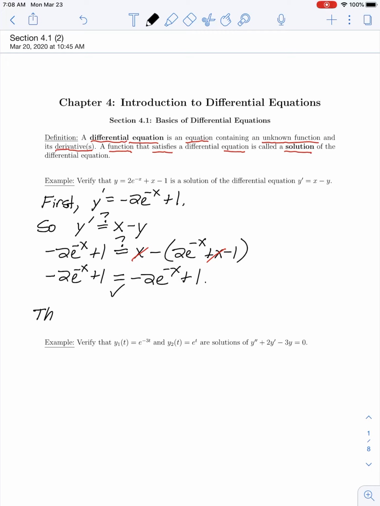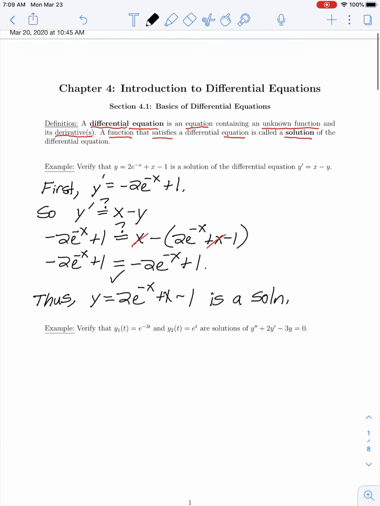So what that means is that the function we were given, y, which was 2 e to the negative x plus x minus 1, is a solution of our given differential equation. Now, in our next example, we'll see that a differential equation may have more than one solution.